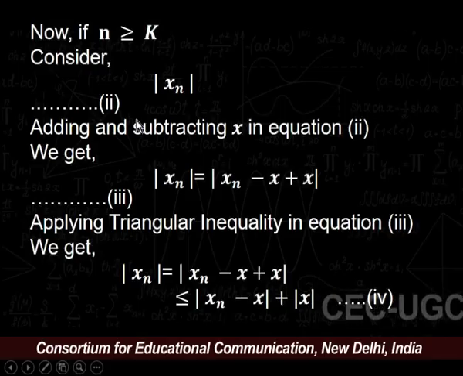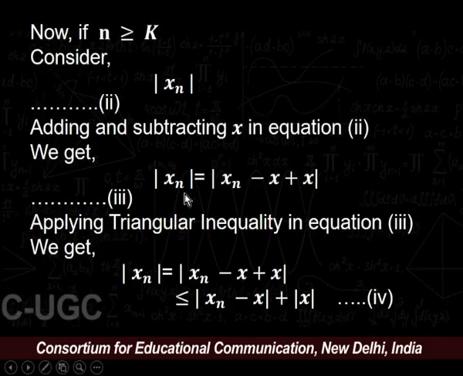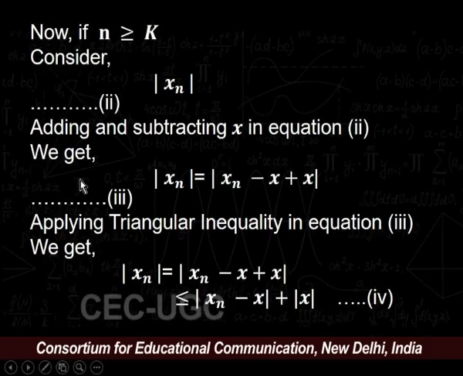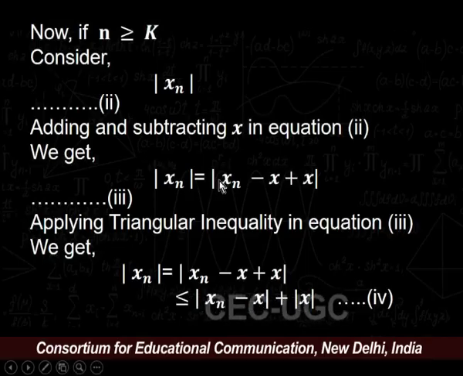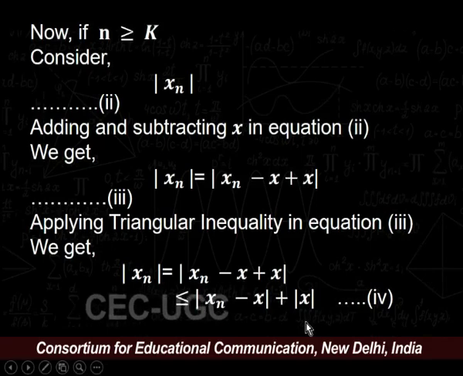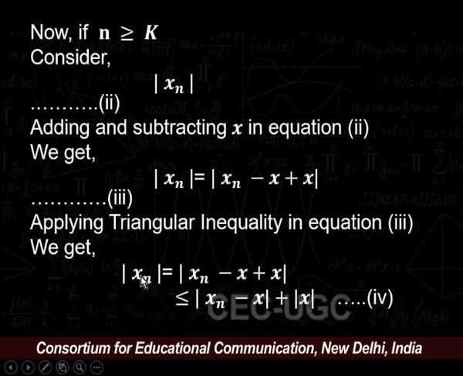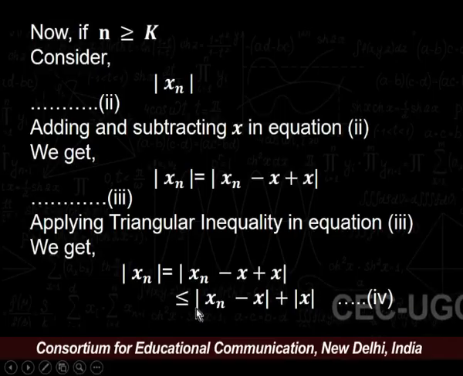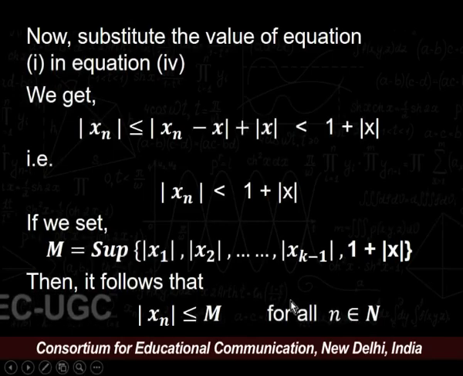If we add and subtract x in equation number 2, we get our equation number 3. Equation number 3 says |x_n - x + x|. If we apply the triangle inequality in this equation, we get our equation number 4, that is, |x_n| is less than or equal to |x_n - x| + |x|.